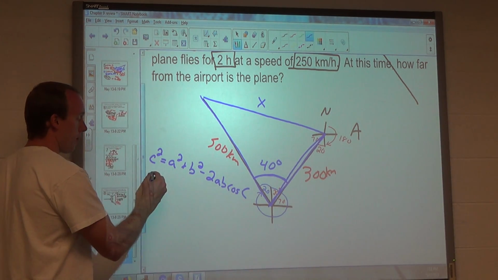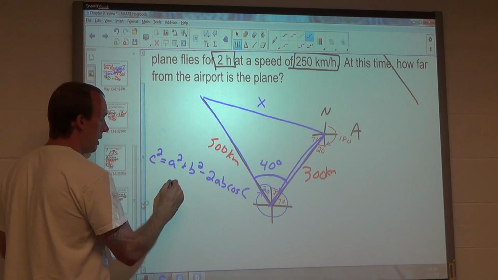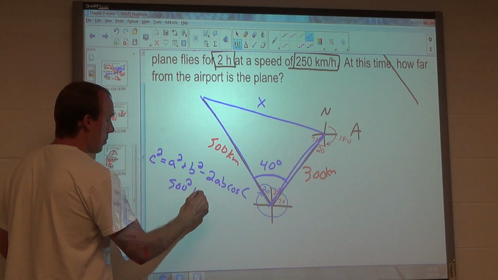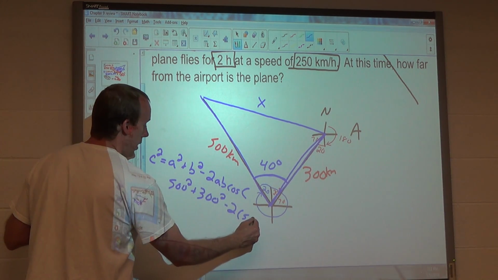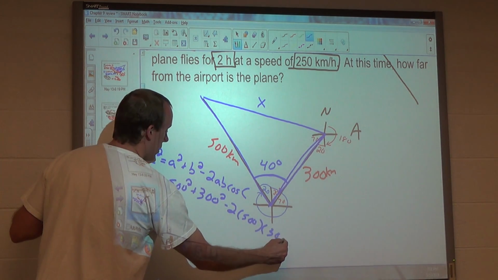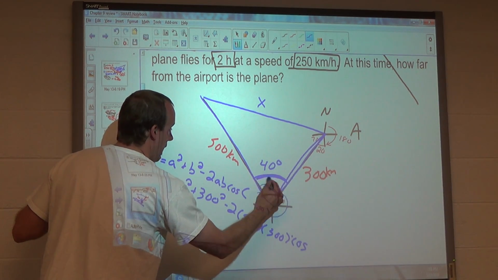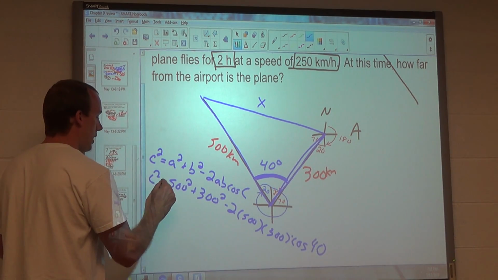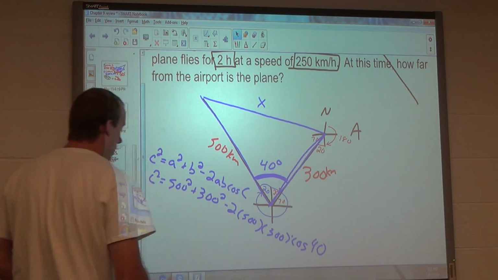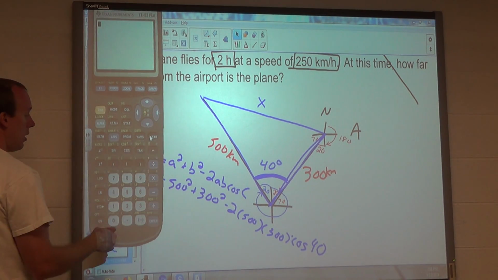And if I do that, I'm left with my two legs, so 500 squared plus 300 squared minus 2 times 500 times 300 times the cosine of my included angle, which is 40. That's nice. This problem is actually a really nice law of cosines problem, because all you do for this one is plug it in.